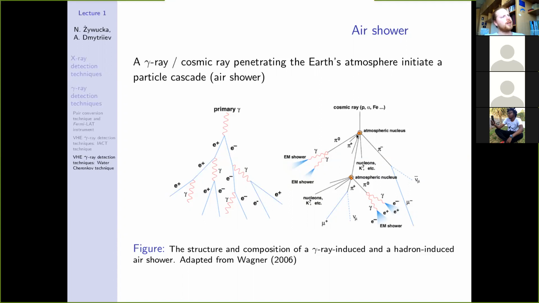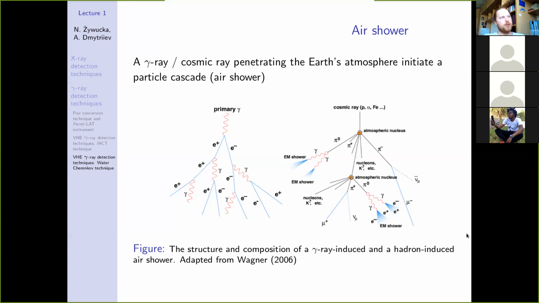And in the case of a cosmic ray, you have electromagnetic and weak interactions, and particles gain higher transverse momentum than in this case. So the extent in the xy plane, the plane of the Earth's surface, is a much more spread out shower.